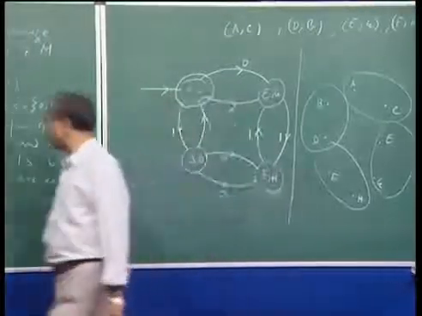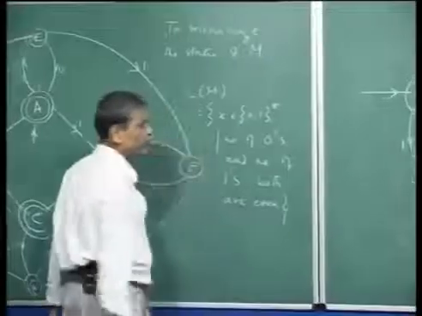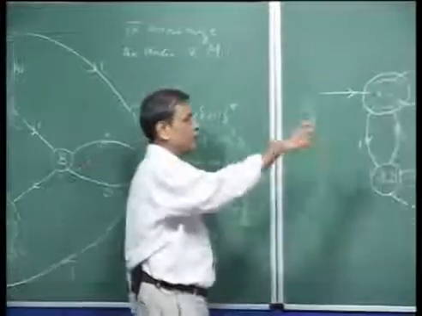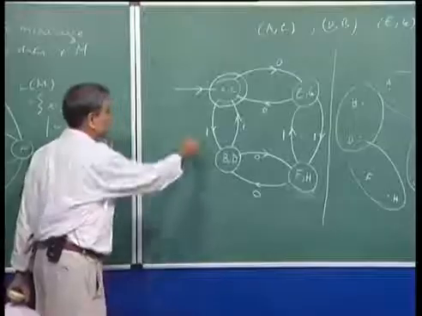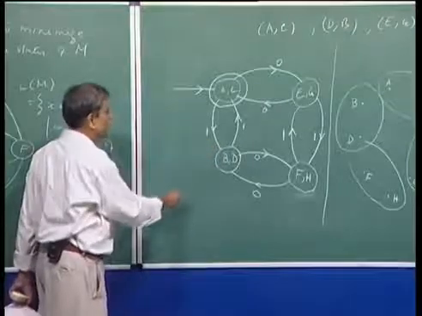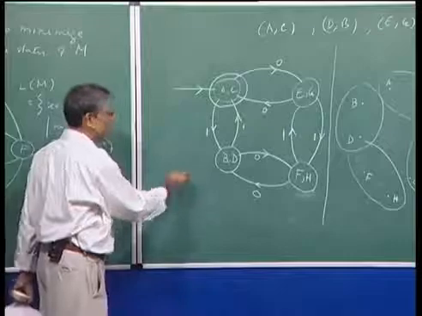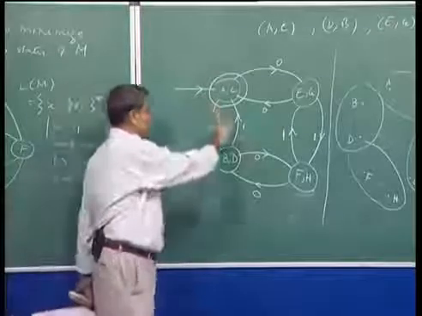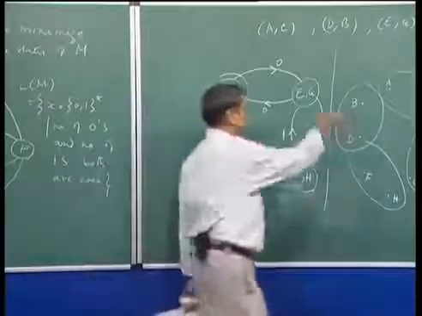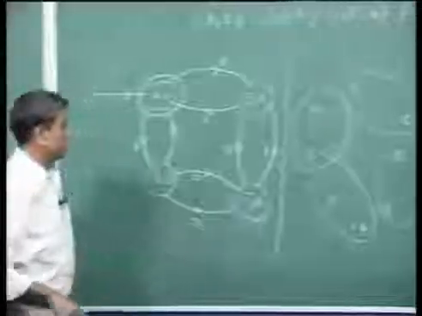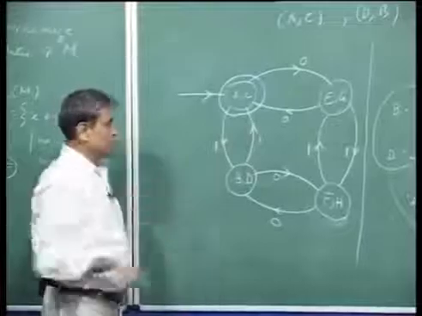In general, what may happen is that after doing this process, you might find some states in this, if I may call this reduced machine, which will have as states the equivalence classes of the set of states of the original machine.